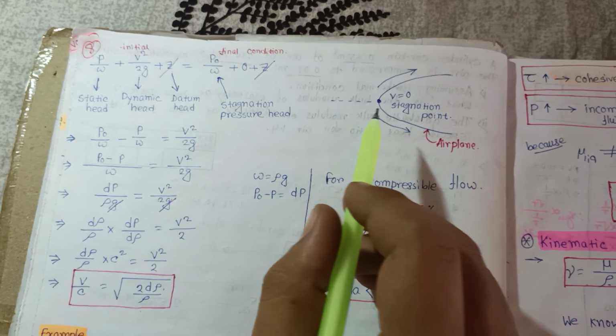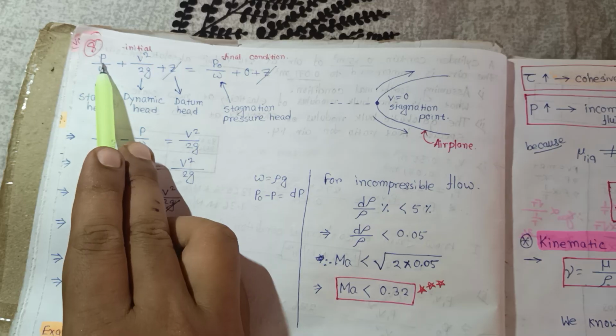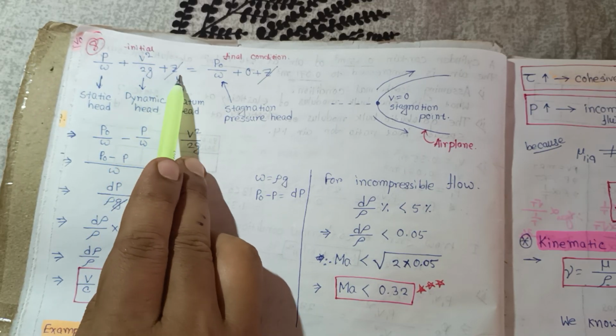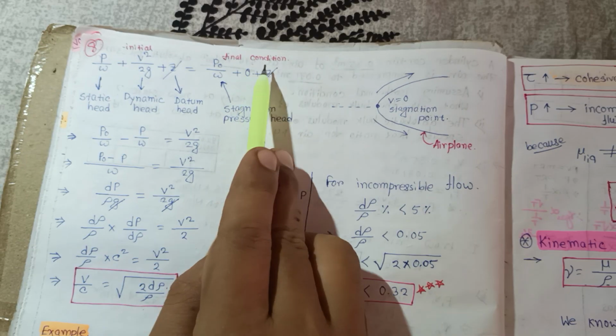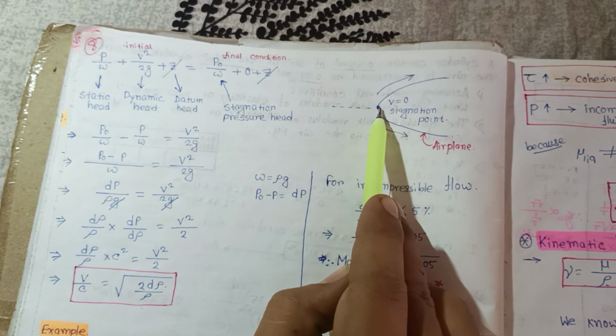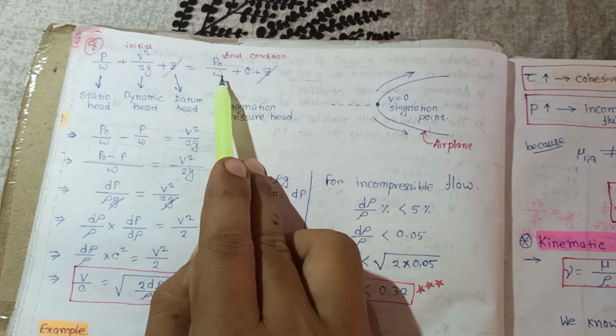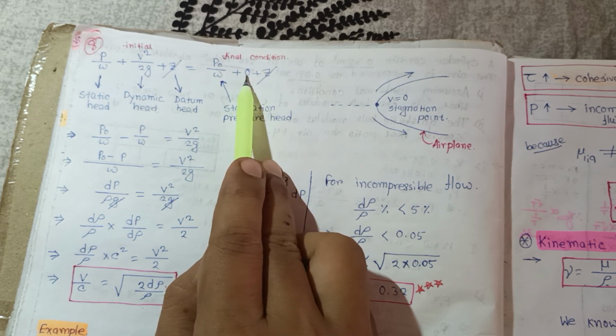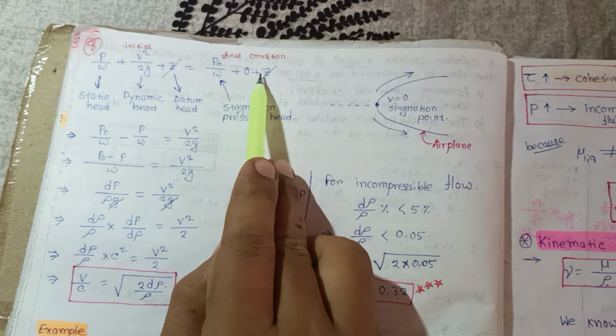If you apply Bernoulli's equation along the streamline, P by rho g, that is P by omega, plus V square by 2g plus z, this is the initial condition, and this is the final condition, P0 by omega, where P0 is the pressure at the stagnation point, plus V, the stagnation velocity, equal to 0, plus z.